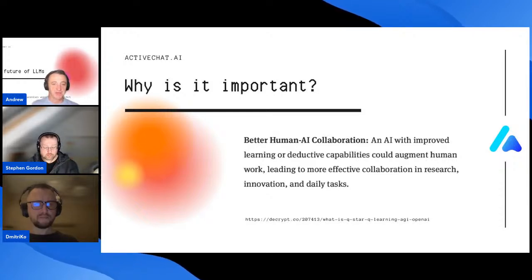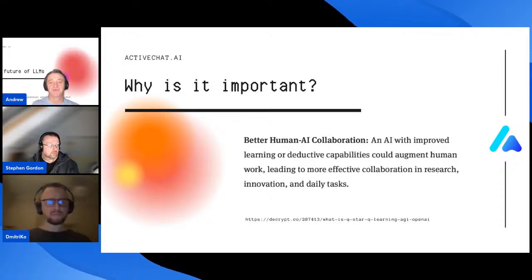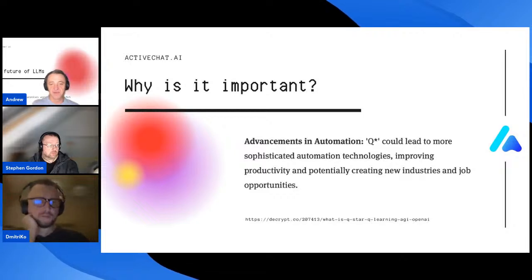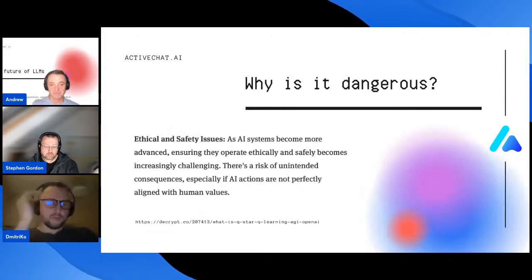I will be showing you later in this webinar how you can already today use these technologies within Activechat to build this human-AI collaboration with different models. And then definitely there will be different advancements in automation. You do not have to program anything by hand. You can just tell the computers what you want to achieve, and they will do this for you, even if they were not prepared to do this.